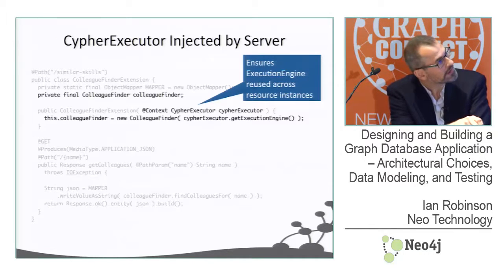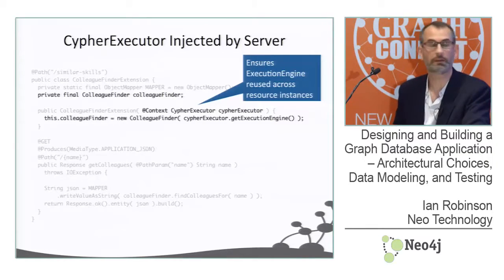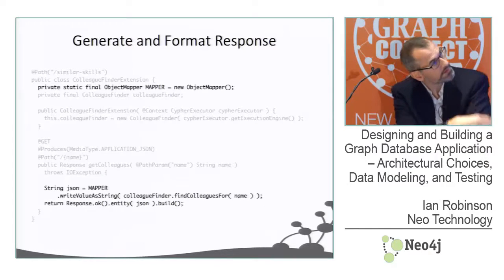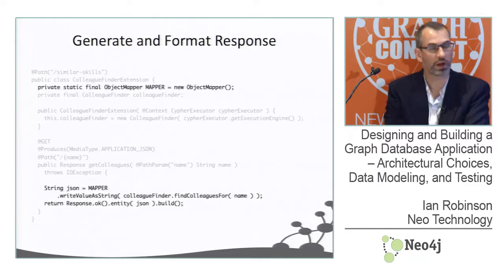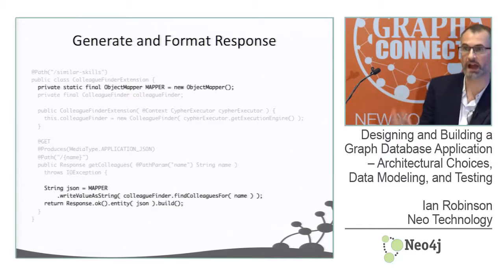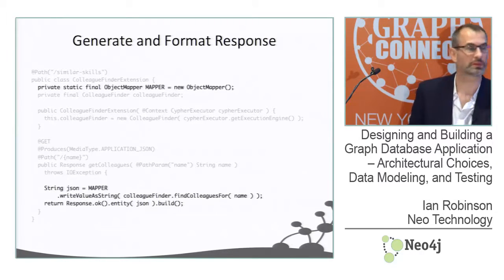So here I create an instance of my colleague finder, the stuff that we tested earlier, and I'm injecting the execution engine here. All right. So that's the server extension itself. Within this method, we're invoking our colleague finder, much as we did before, but then we're taking the results and we're just formatting them as JSON and creating a 200 OK HTTP response together with that JSON formatted body. So a very trivial implementation.